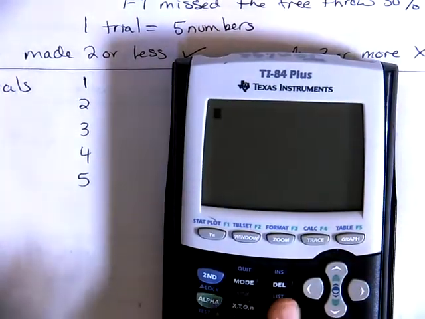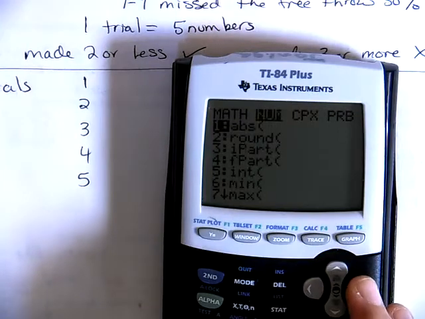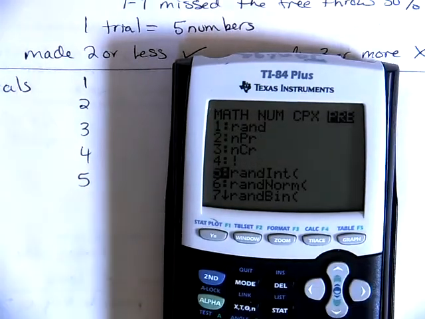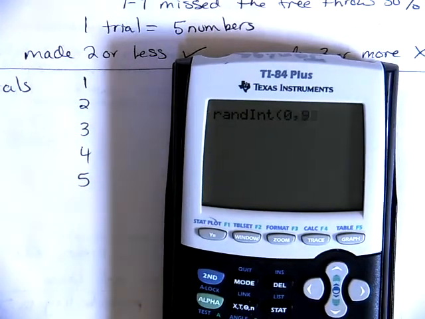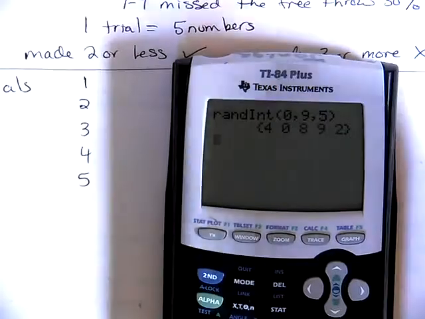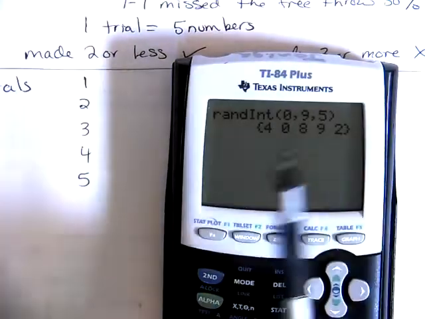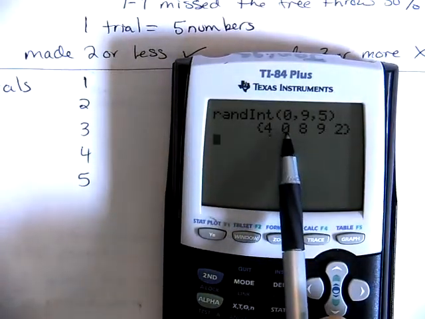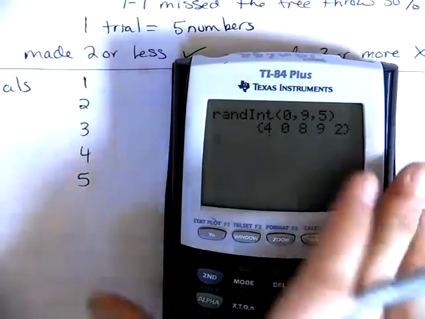So again, I'm going to go to Math, Rand Int. I'm going to go 0 to 9. I'm going to do 5 numbers at a time. Okay? So here, 0 through 6, she made it. So she made, missed, made.